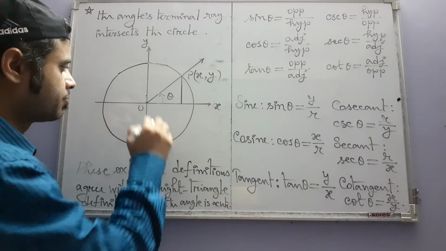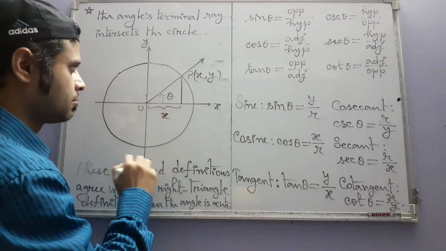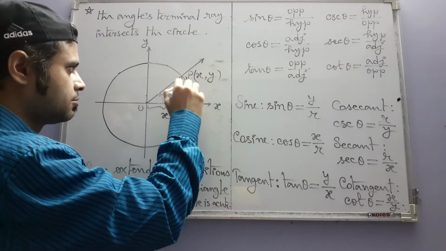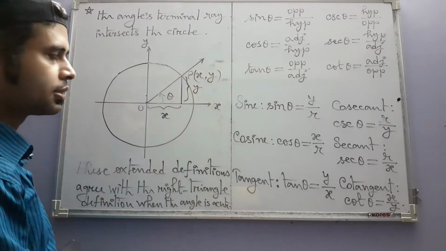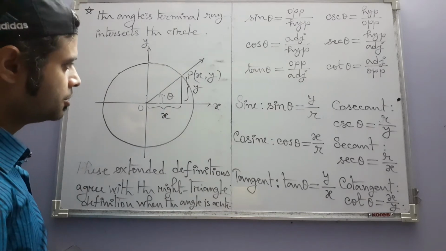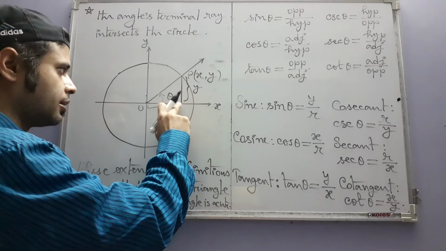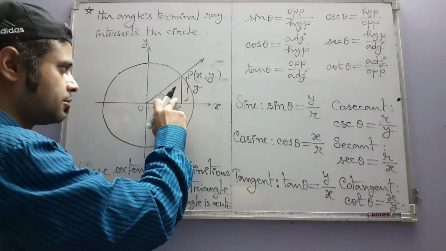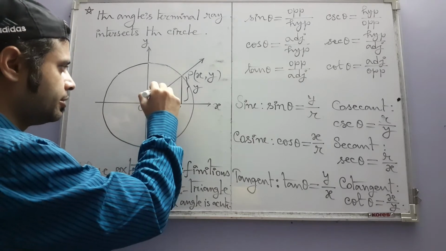Then we know that this much is x and this much is y by the definition of Cartesian coordinates. So you can now see that you in fact have a right triangle where this is your right angle, one of whose angles is your theta.